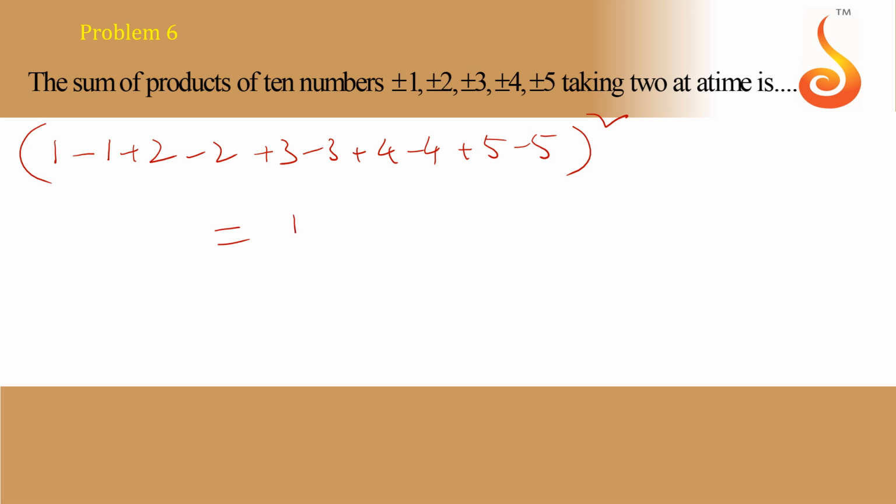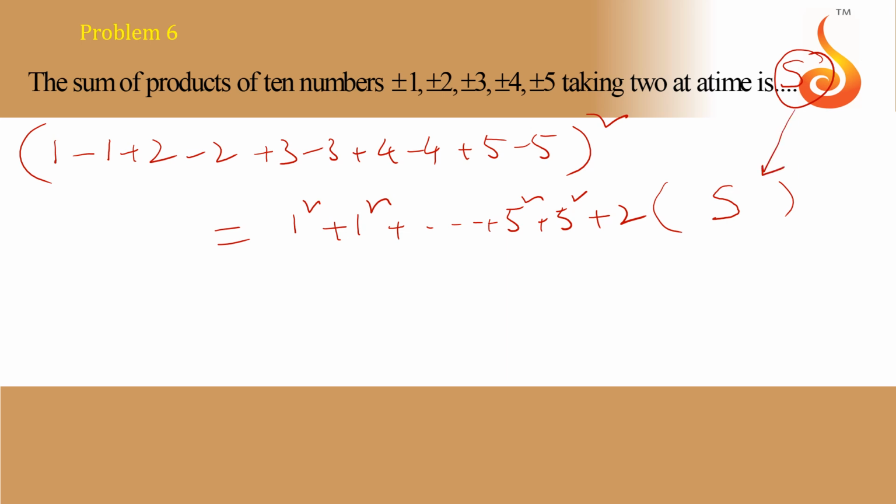Can I say it will be 1 square plus 1 square up to 5 square plus 5 square, plus 2 times (ab plus ac and so on). So it is nothing but our required sum. Let us say our required sum taken 2 at a time is s.